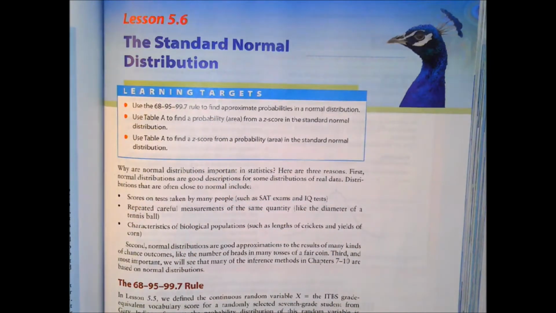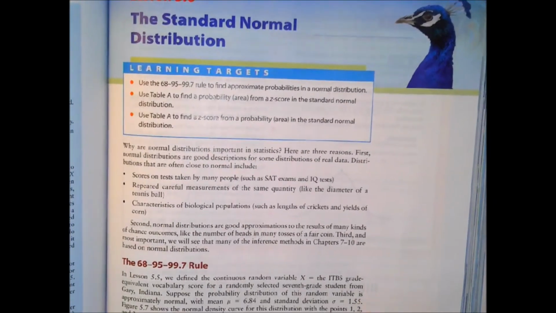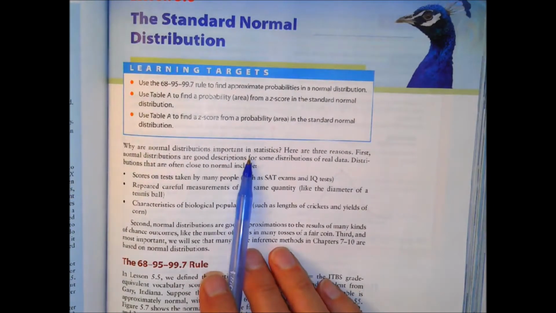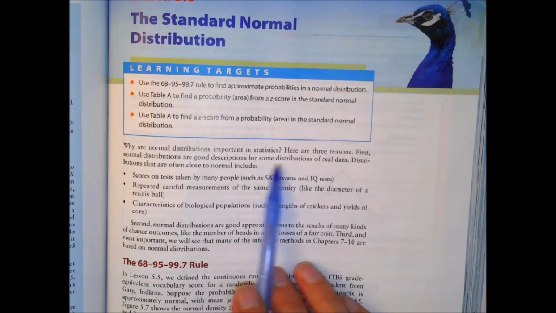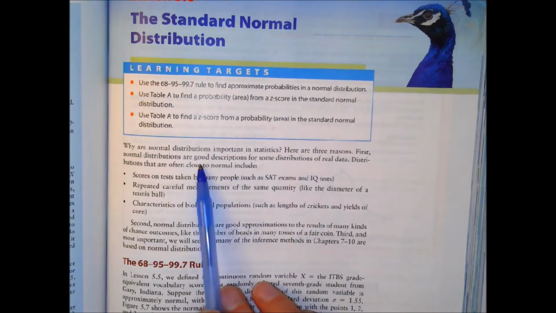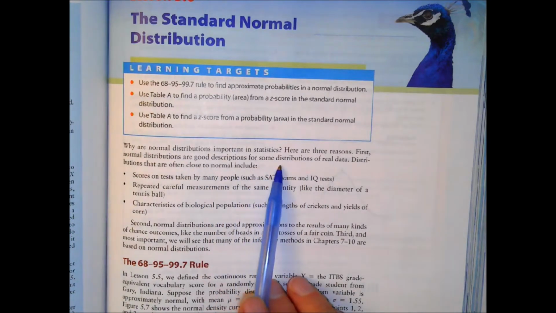Okay, so why are normal distributions important in science and statistics? Normal distributions are used a ton, so you really got to make sure you understand these things in statistics. First, they're good descriptors of distributions of real data.